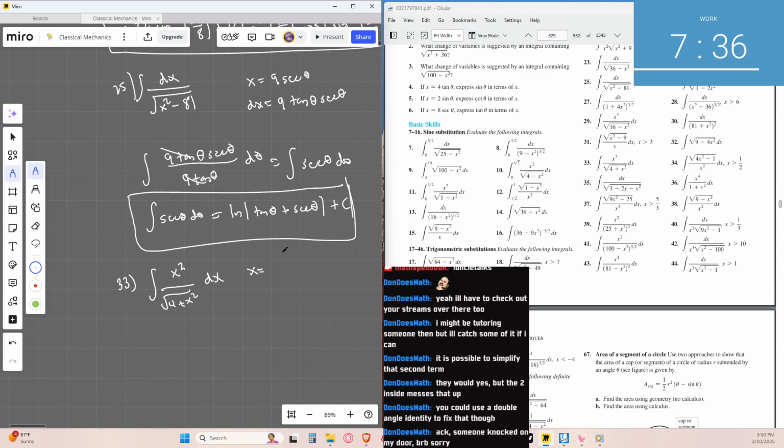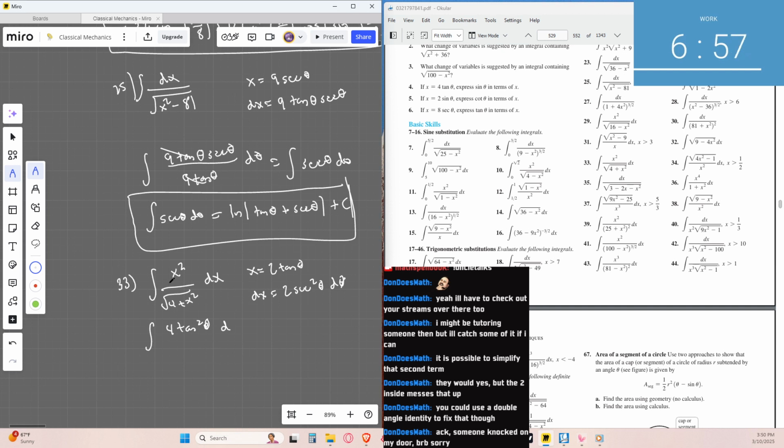So x will be 2 tangent theta, and dx will be secant squared d theta, meaning that we're going to have 4 tangent squared up here, and then, oh no, not x.